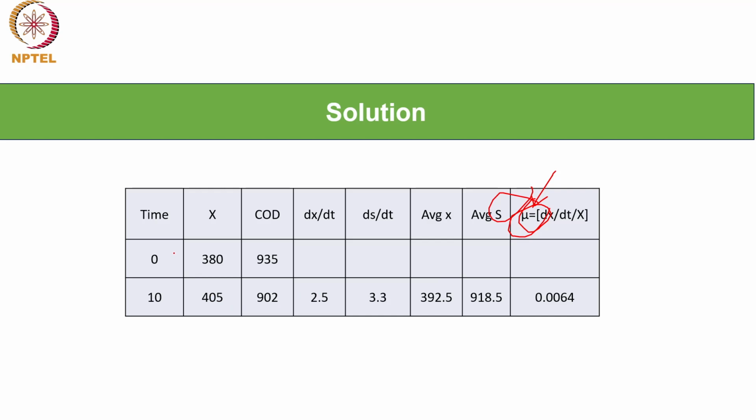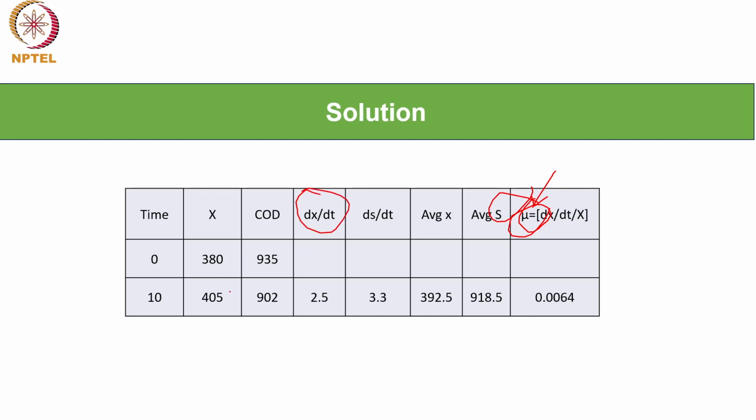See here, we have limited time, so I'll just explain how we got the answer. With respect to time, the biomass concentration is increasing and COD concentration is decreasing. You try to find what is dx by dt.